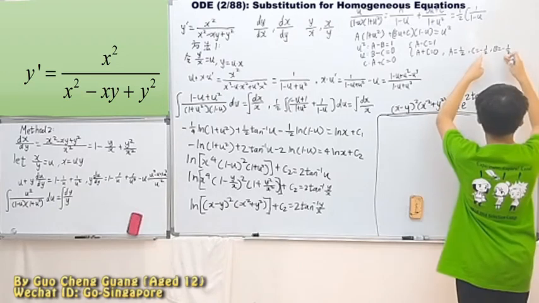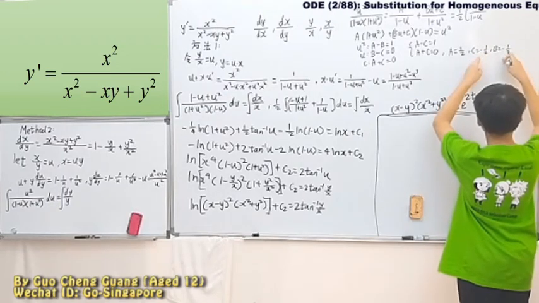And for b and c, both of these have a minus.